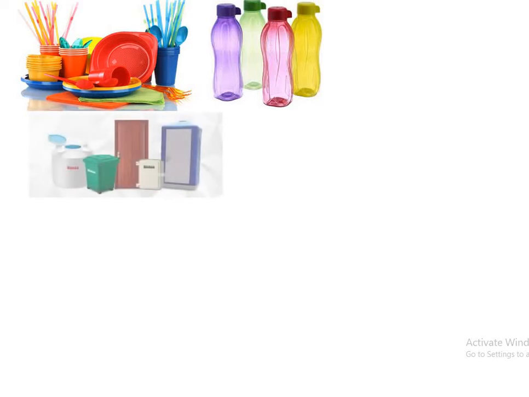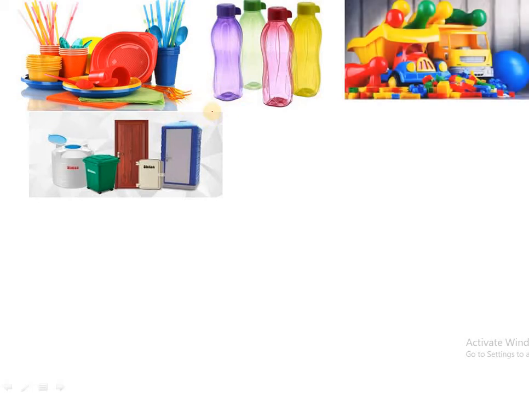So let's start. Now we know that plastic is widely used and day by day it is replacing various metal parts. So we have a wide application. Here in the diagram you can see plastic has a wide application in household appliances. Then it has application in toys.